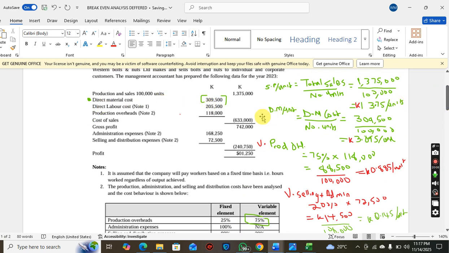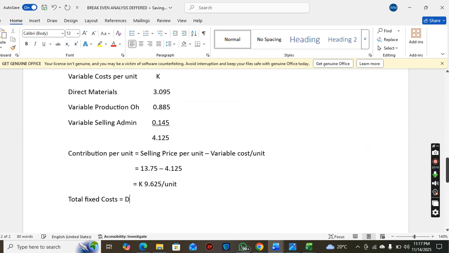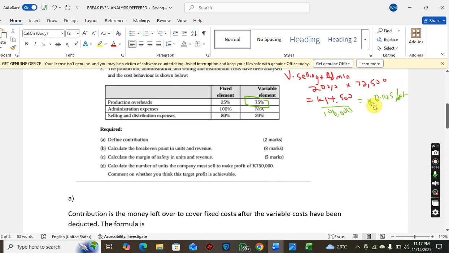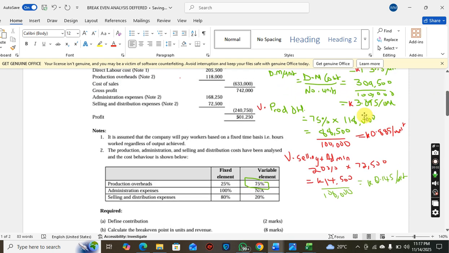So direct labor 205,500, plus then we've got our fixed production overheads, which is 25% of this amount, 118, our admin and our fixed selling and distribution expenses.